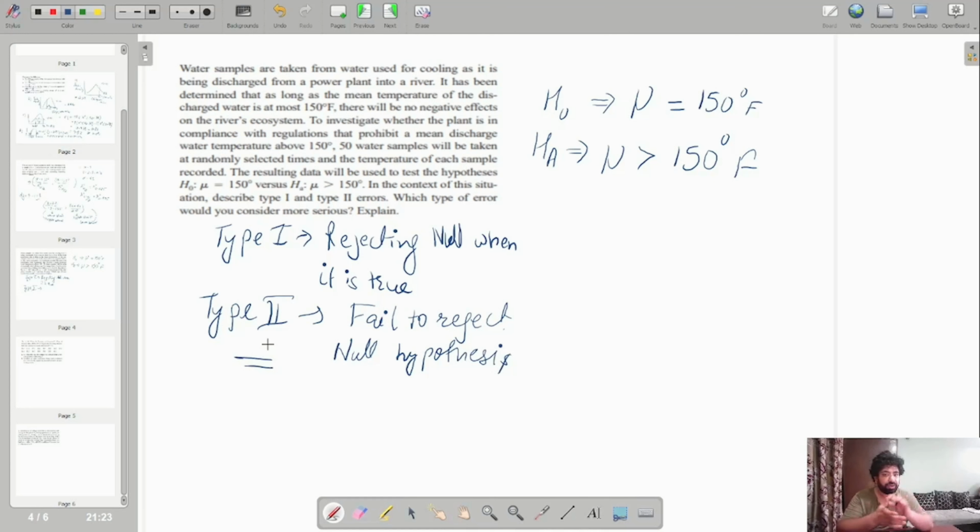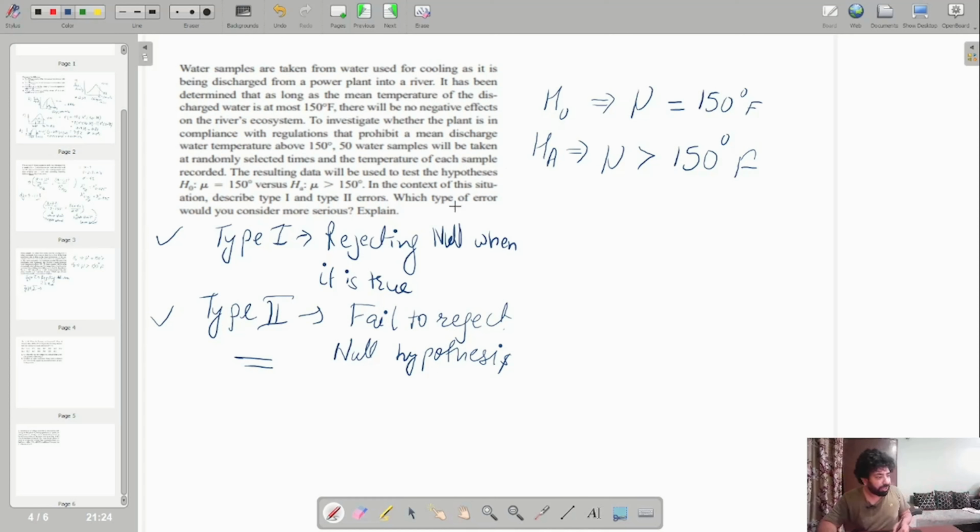However, the plant is not following the regulation. So these two types of error I can make. Either I can conclude that the plant is not following the regulation, and then I end up with type 1 error. Or I can conclude that the plant is following the regulation, however it is not following. So I created a type 2 error.